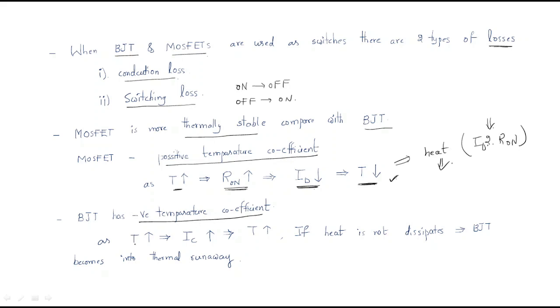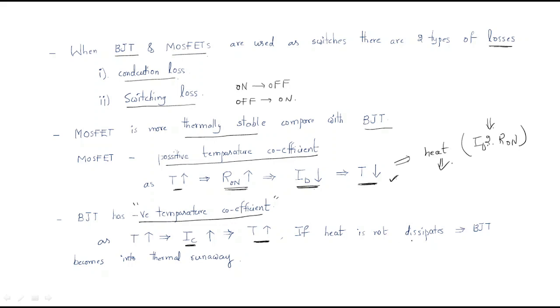Then what happens? Look here. Negative temperature coefficient means the temperature keeps increasing. When temperature increases, the collector current increases, and whenever the collector current increases, the temperature again increases automatically. Generally heat must be dissipated.